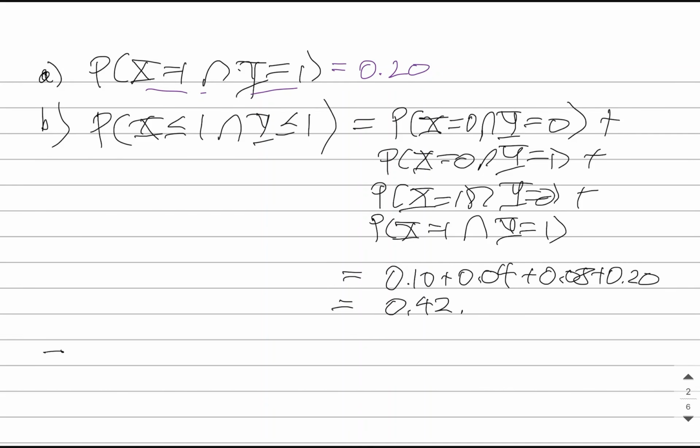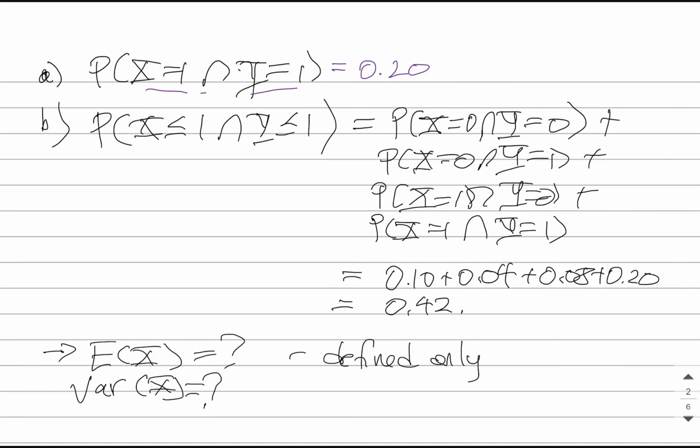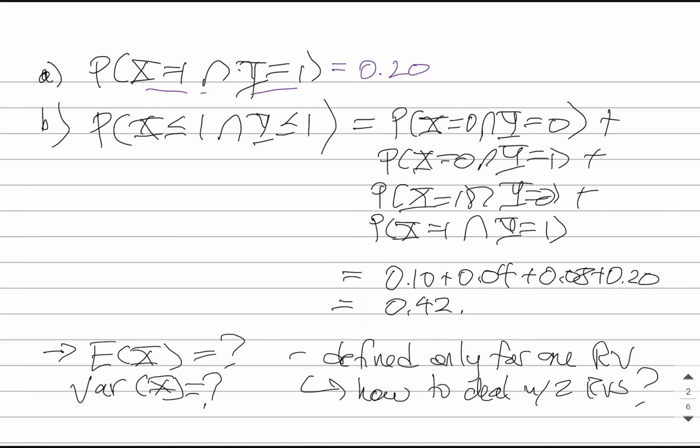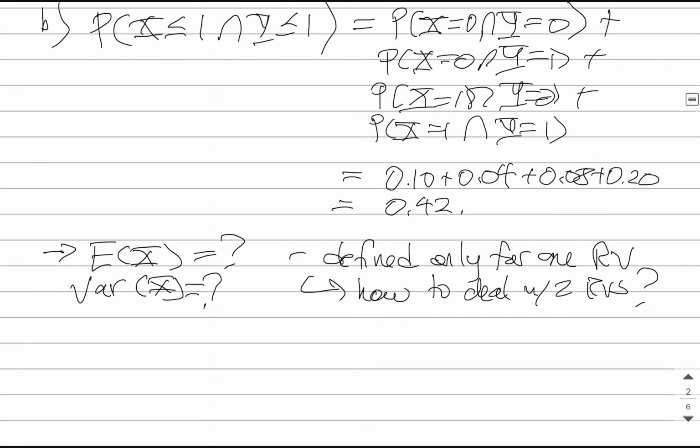Now, we also want to talk about things like expected value and things like variance. But there are several issues that come up. We defined each of these things only for one random variable. So how are we supposed to deal with 2 random variables or more? And this is where a new concept gets introduced.